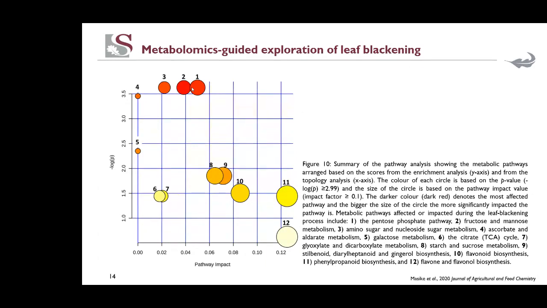In some studies, it has been found. So what we are seeing here is linked to what previous data suggests. The darker the red, or the darker the color, the more affected a pathway is, and the bigger the circle tells you how impacted a pathway is.